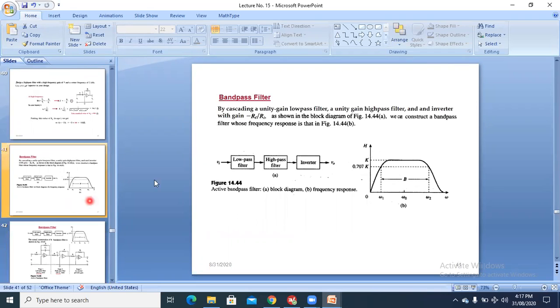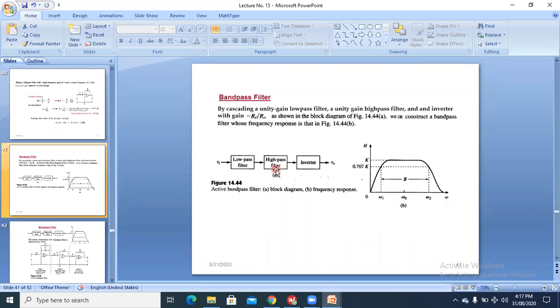And in order to implement the band pass filter, we first implement a low pass filter with frequency omega 2.